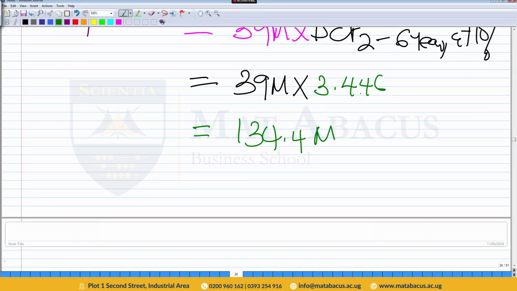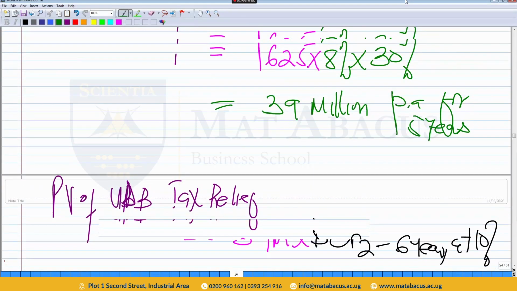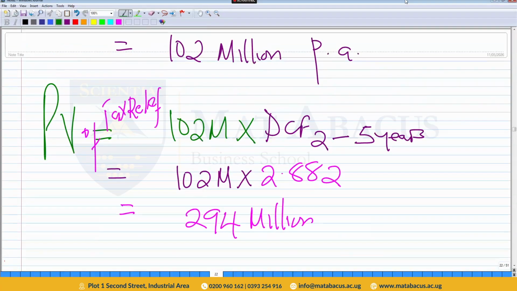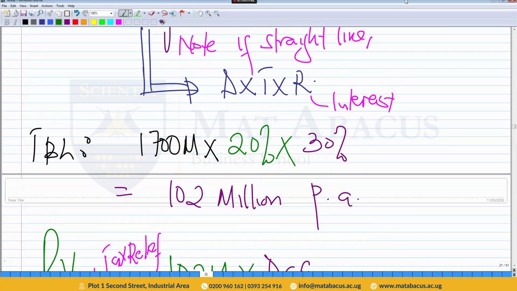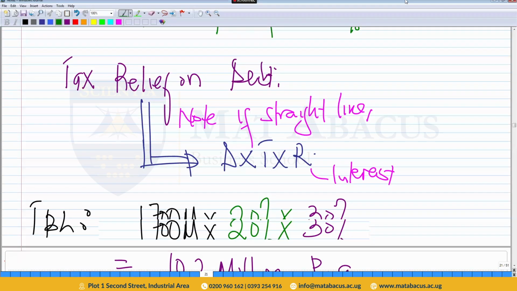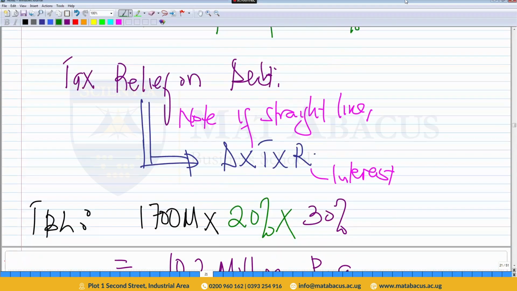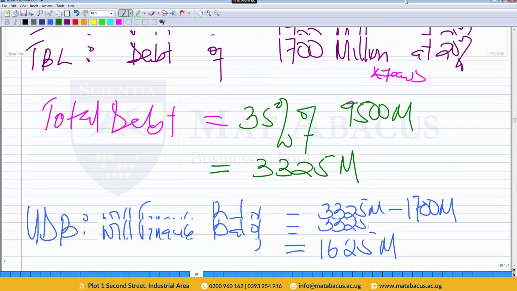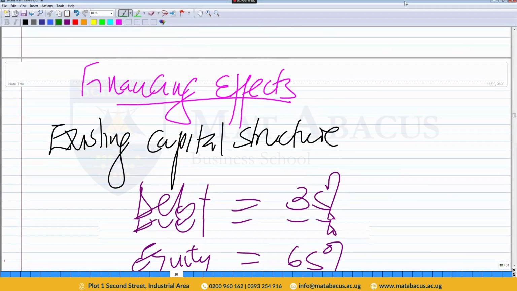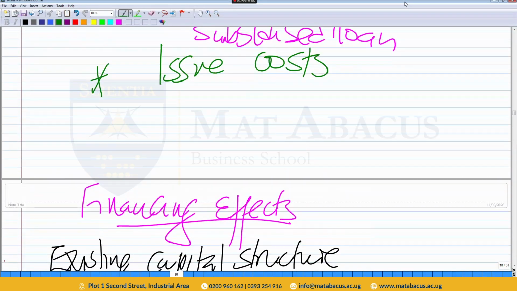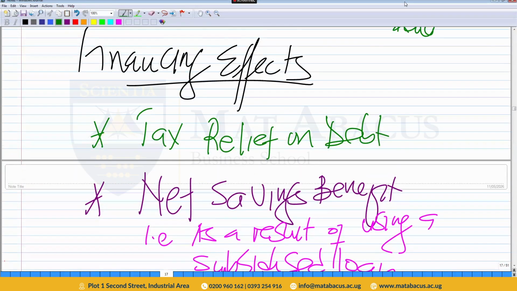Remember, it is increasing. That is all about the tax relief on debt. There were 2 loans here, each with a different coupon rate. That's why we have gone this far. However, we say the present value of financing effects will include tax relief on debt, which we have sorted out.